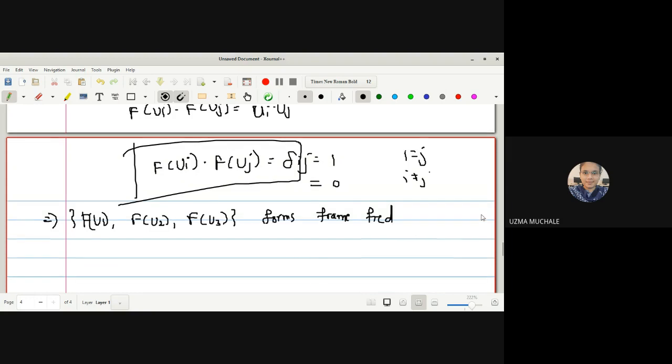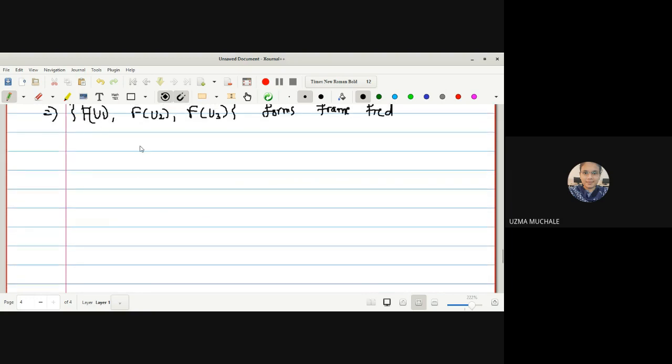Okay, if it is forming a frame field, if you remember one theorem I told you. We have proved one theorem that any vector V can be written as a linear combination of three vectors: V equals C1 E1 plus C2 E2 plus C3 E3.